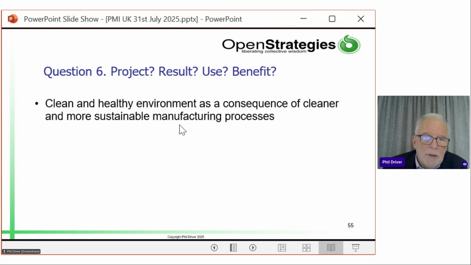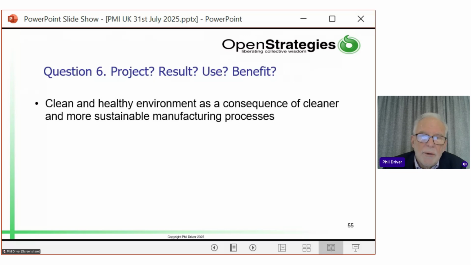So here's a statement: a clean and healthy environment as a consequence of cleaner and more sustainable manufacturing processes. Now that one needs to be read quite carefully, especially that bit about as a consequence of. So a cleaner manufacturing process would be a project.